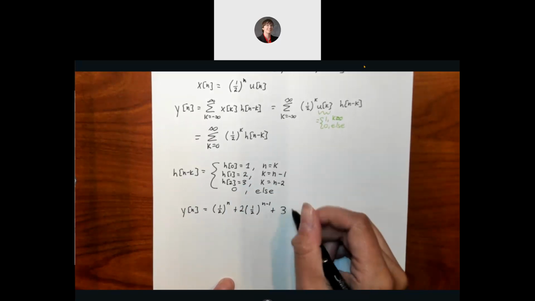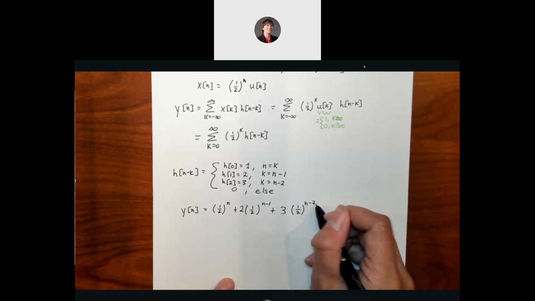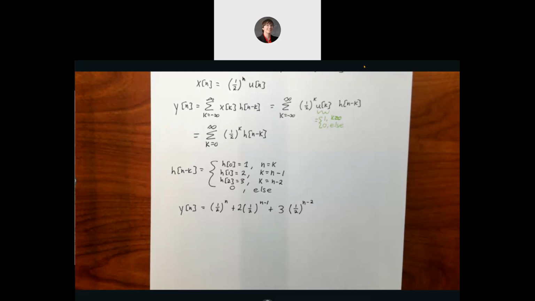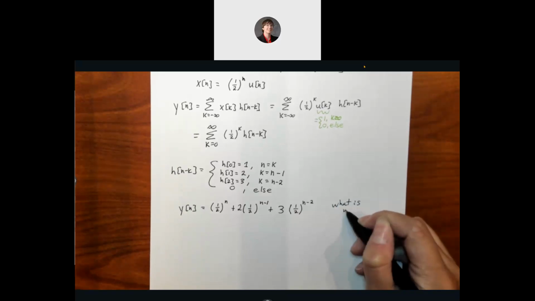And I've got my scale factors here, h of 1 and h of 2, with k equals n minus 2. But this is actually missing something very critical.